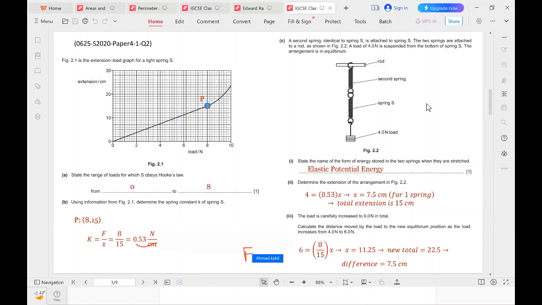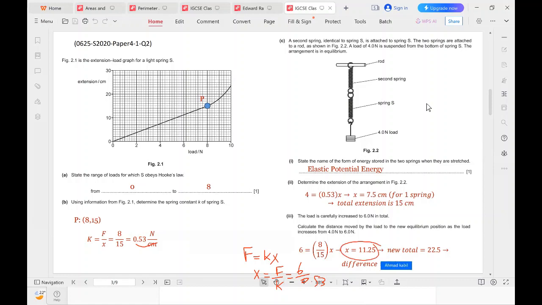So F equals Kx, X equals F over K, which is 6 over 0.53. If we divide 6 by 0.53, we get 11.25.